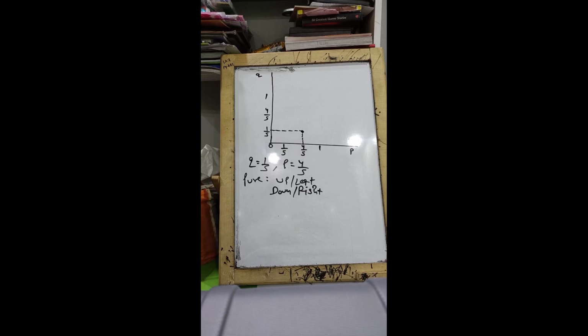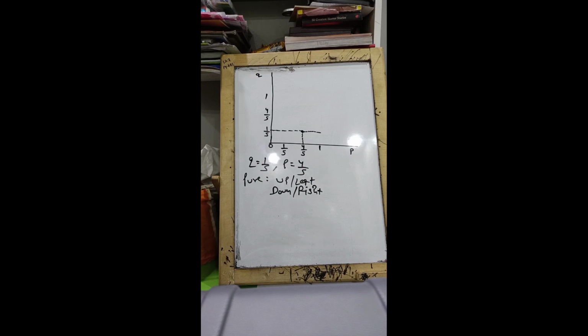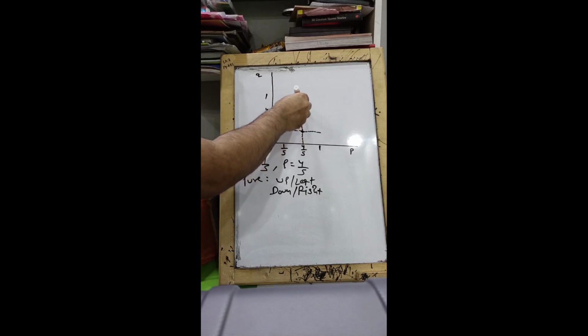Now suppose, I repeat, now suppose the probability of player 1, that is P, which is going up, is increasing. Cool? So if you know that your Nash equilibria was up and left, and my dear friends, this Q was actually the probability of going to left, so it should look something like this.